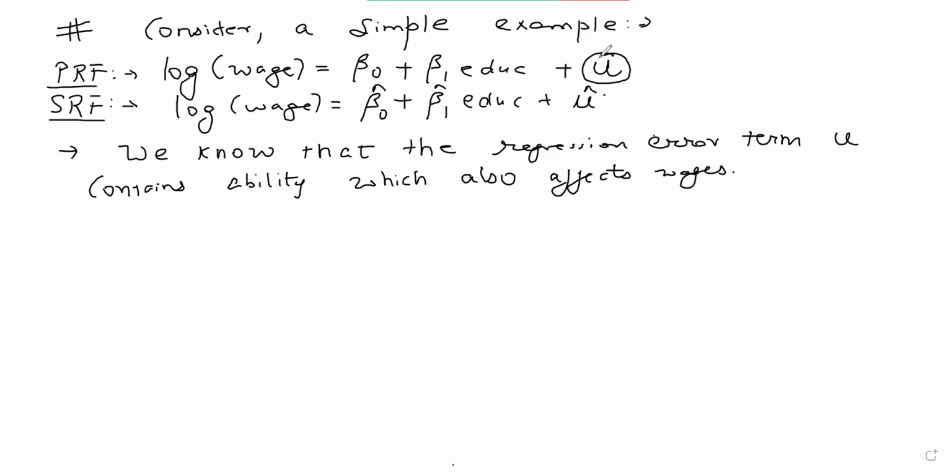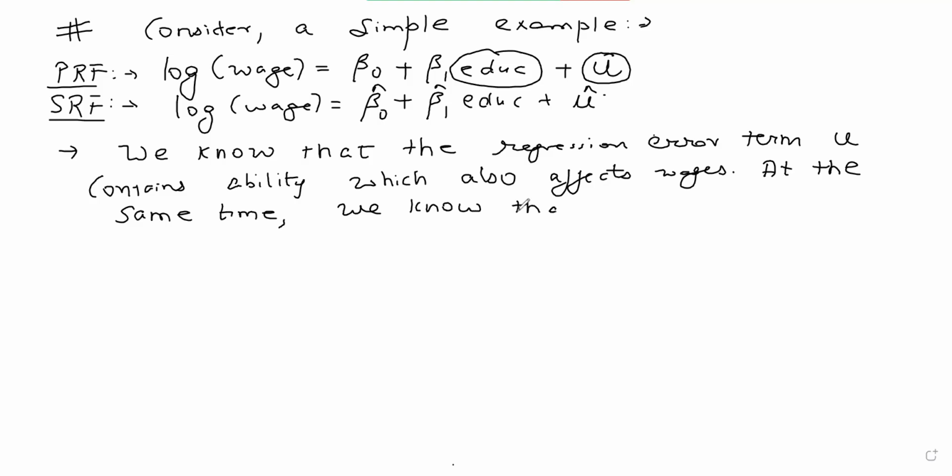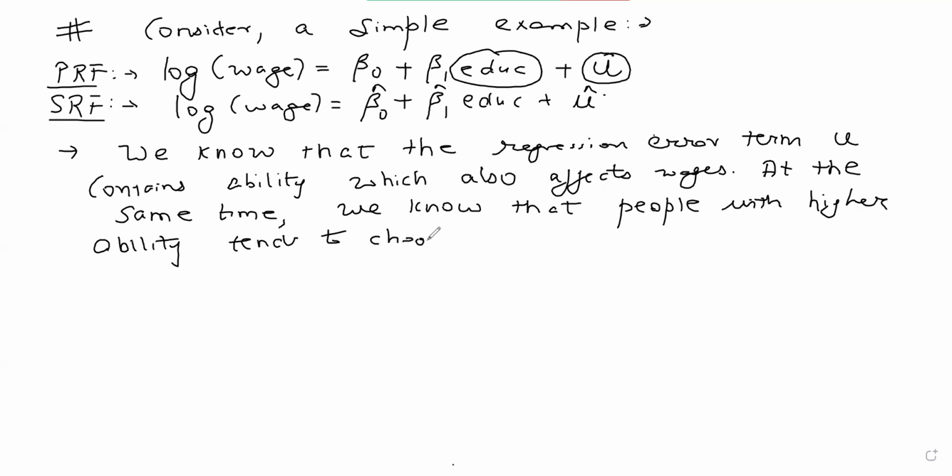And ability also depends on education. So they tend to be correlated. At the same time, we know that people with higher ability tend to choose more education.